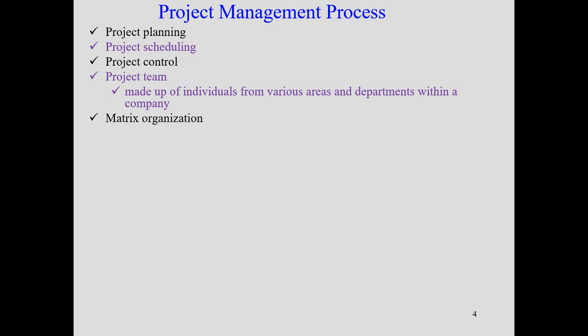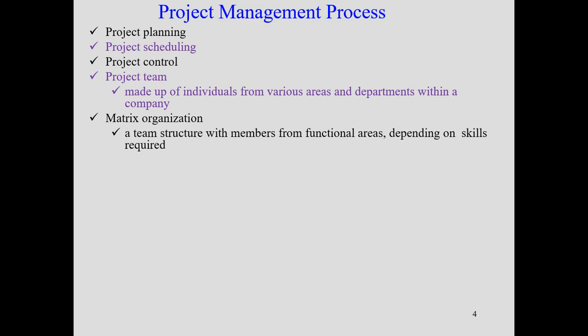Normally, they follow a matrix organization where you will find combinations of departments, a team structure with members from functional areas depending upon the skills required. And of course, the whole thing has to be led by a project manager, the most important member of the project team.